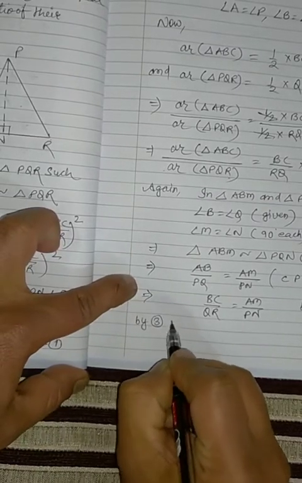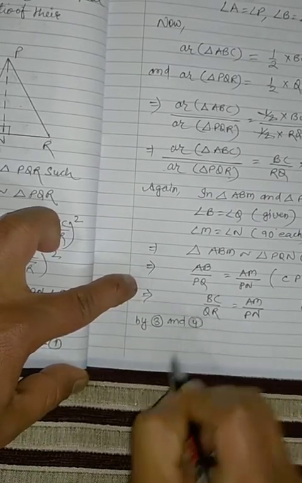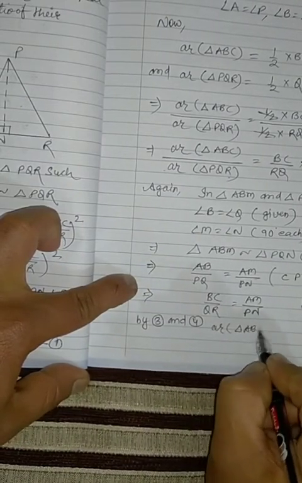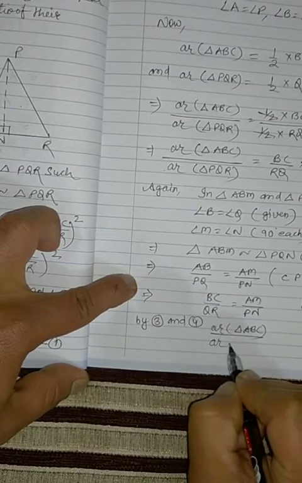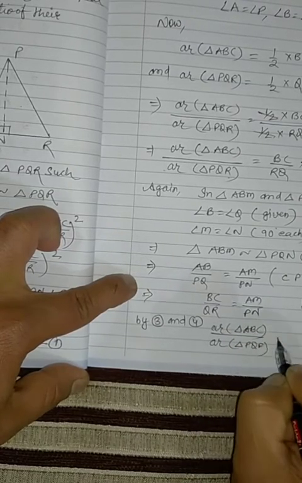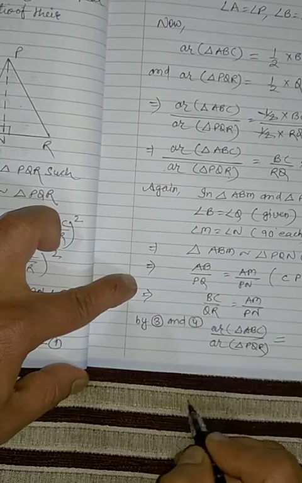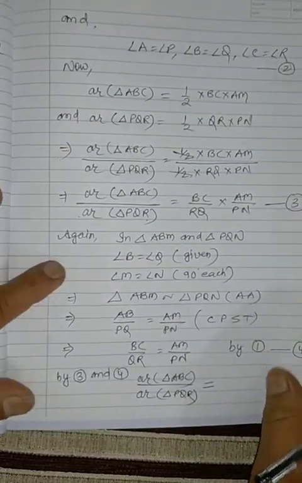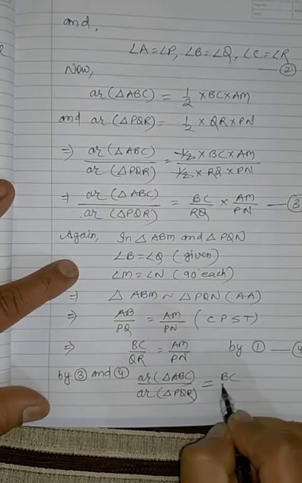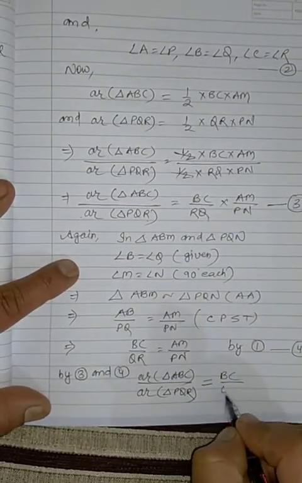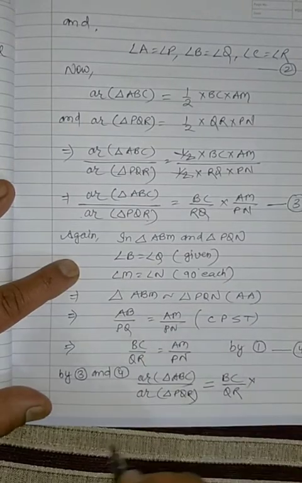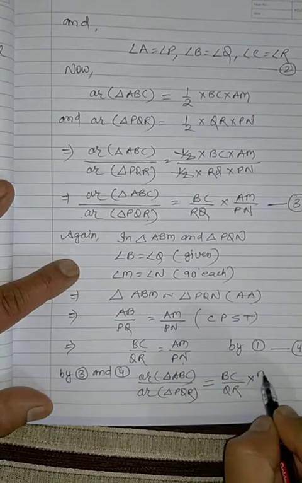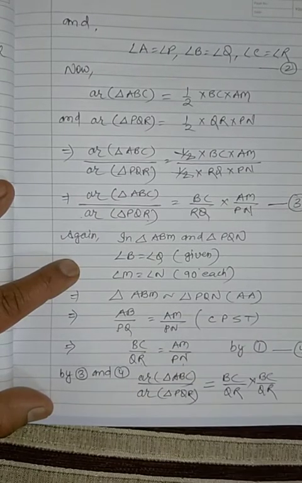So by equation number 3 and 4, area of triangle ABC upon area of triangle PQR is equal to BC upon QR, I'm writing here QR, into AM upon PN. Now AM upon PN is equal to BC upon QR.